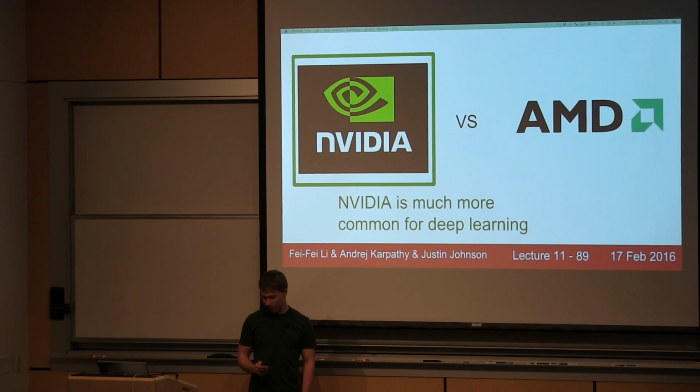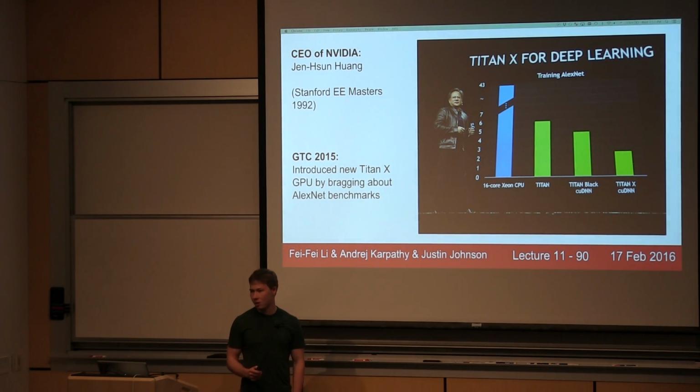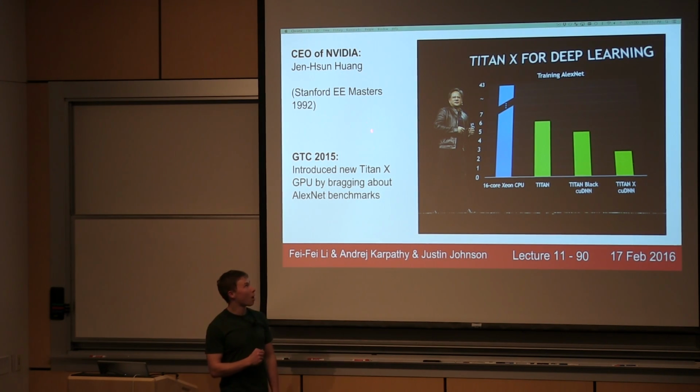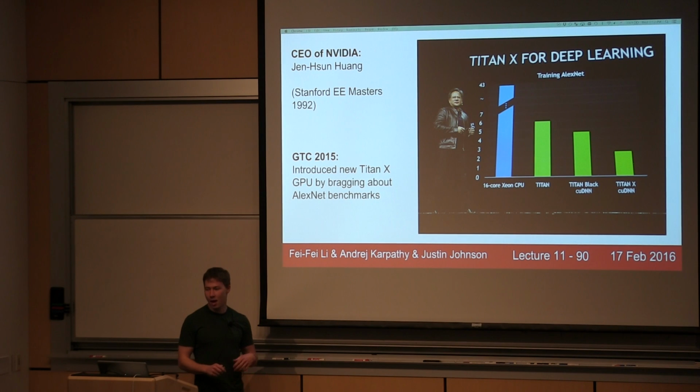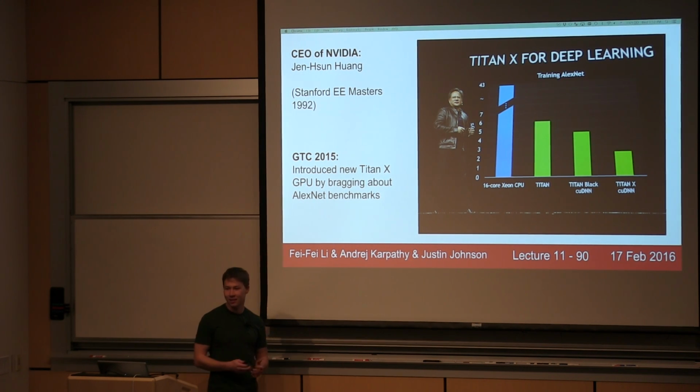As a cool example of that, last year at GTC, which is NVIDIA's yearly big, gigantic conference where they announce new products, Jensen Huang, who's the CEO of NVIDIA and also a Stanford alum, introduced the latest and greatest new GPU called the Titan X, their flagship thing. And the benchmark he used to sell it was how fast it can train AlexNet.